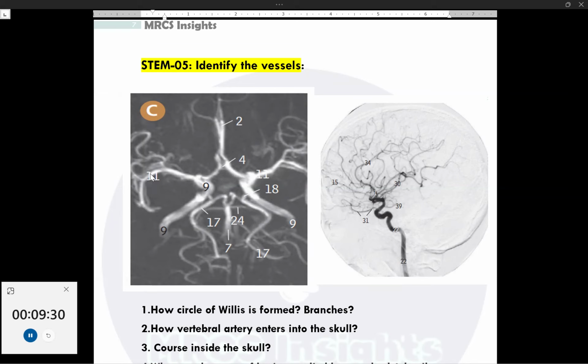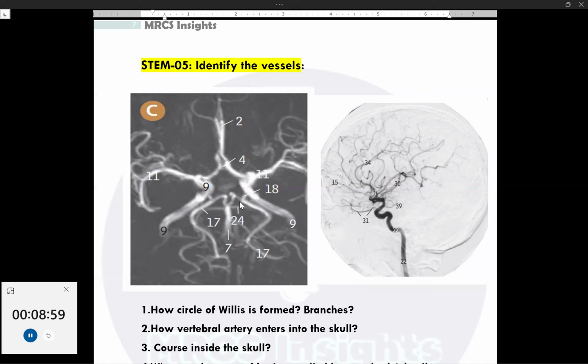And what is number 11? Number 11 is middle cerebral artery. Excellent. What is number 17 here? 17 is posterior cerebral artery. What is number 18? I think posterior communicating artery. Excellent. So what is number 24? 24 is a superior cerebellar artery.